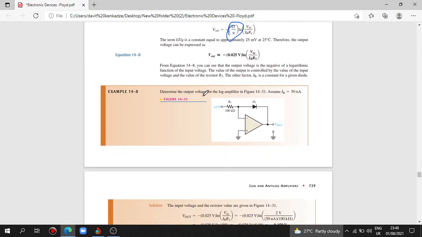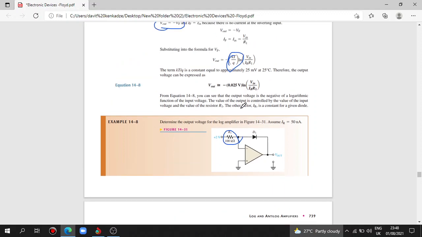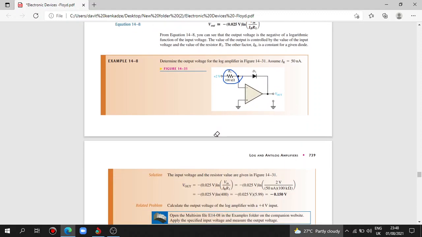Determine the output voltage for the log amplifier in the figure. The reverse current IR is 50 nanoamps. Okay, IR is this current, right? How can I determine that? The input voltage and the resistor value are given in the figure.